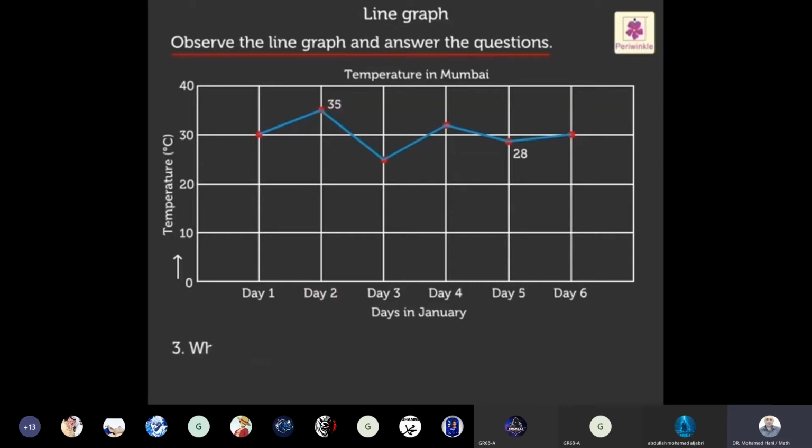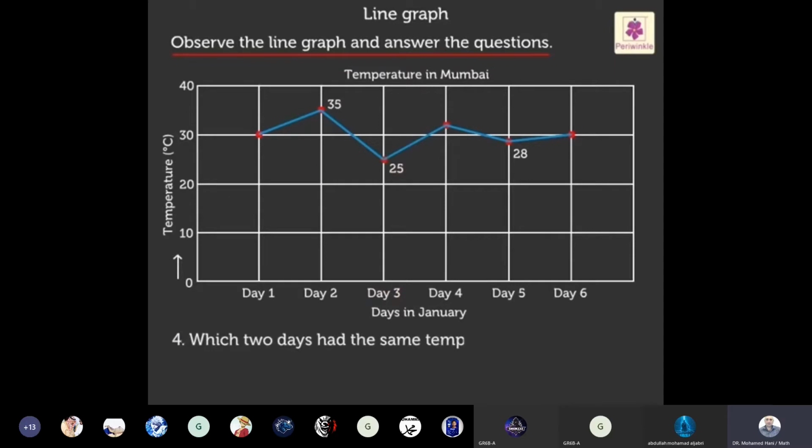Coming to 3. Which was the coldest day? As day 3 has the least temperature of 25 degrees Celsius, the answer is day 3. Lastly, 4.